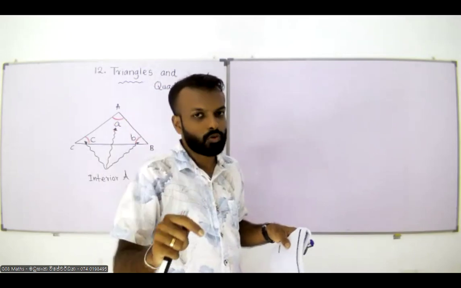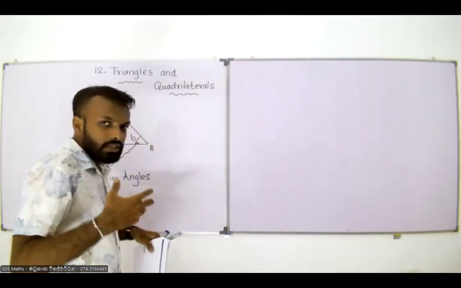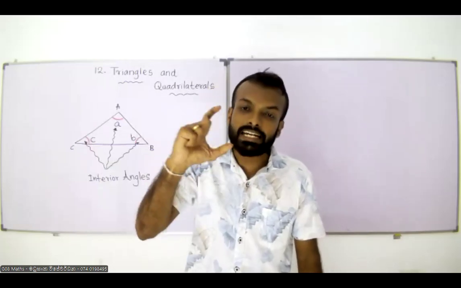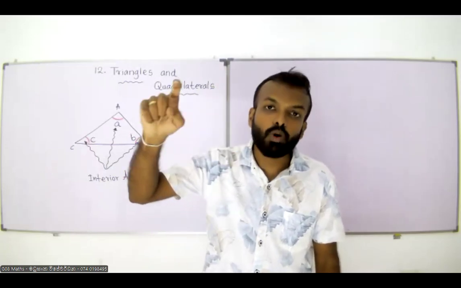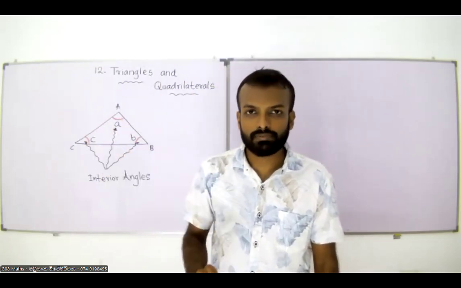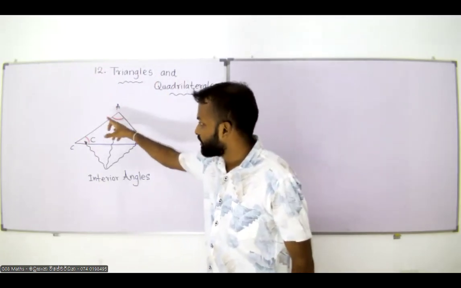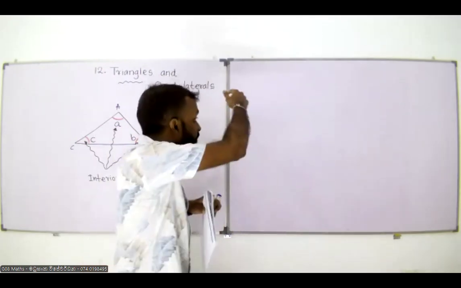On top of the first row, you may write the theorem that you know already: the sum of the interior angles of a triangle is 180 degrees. I will write it here.